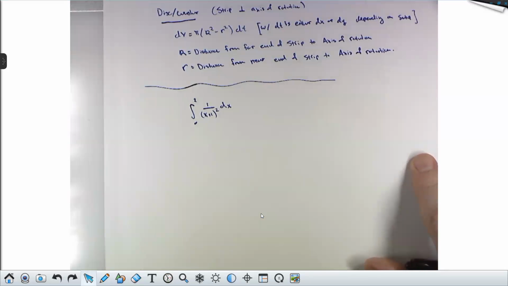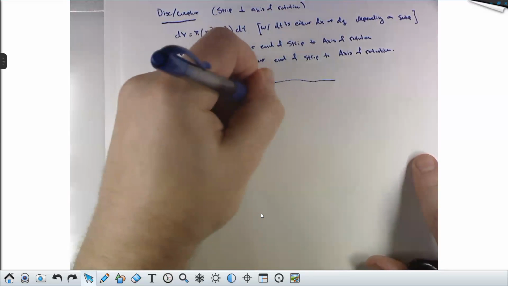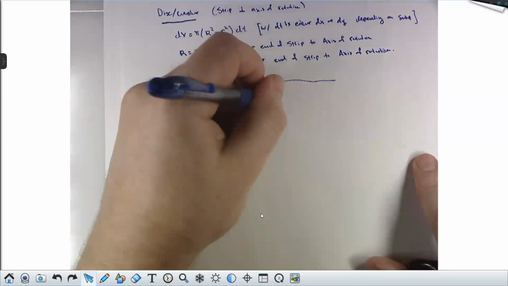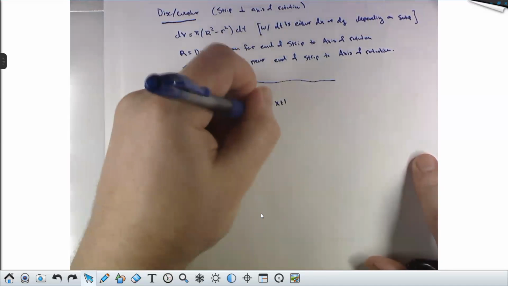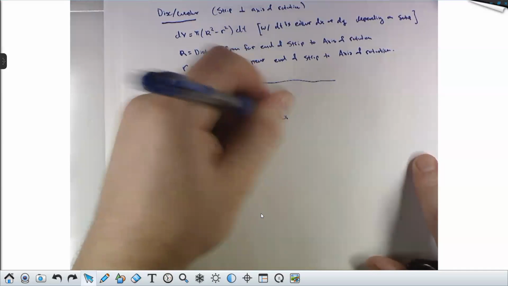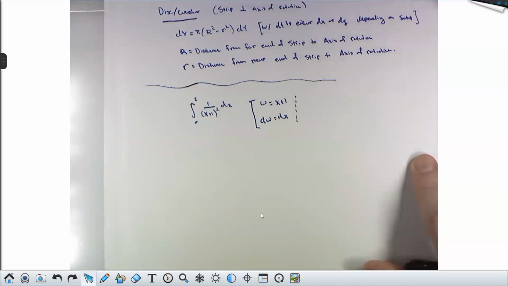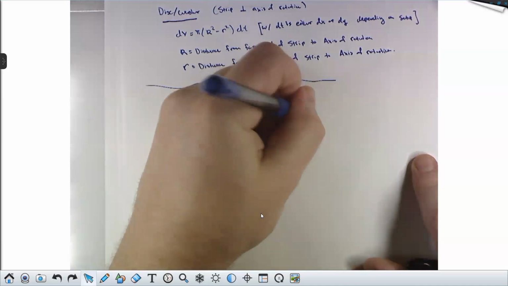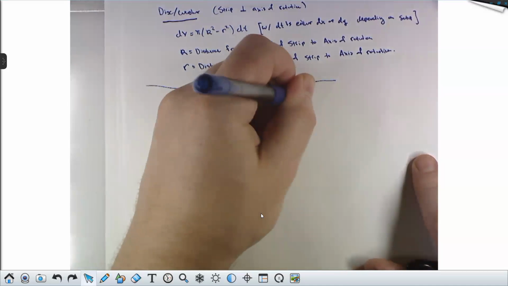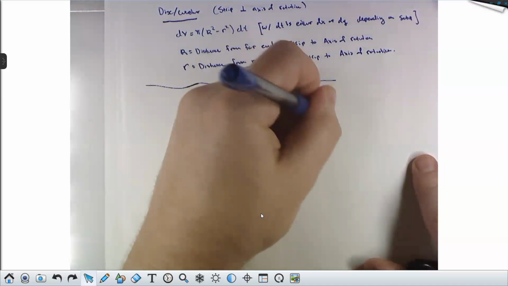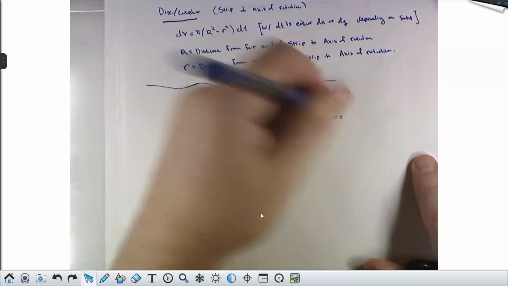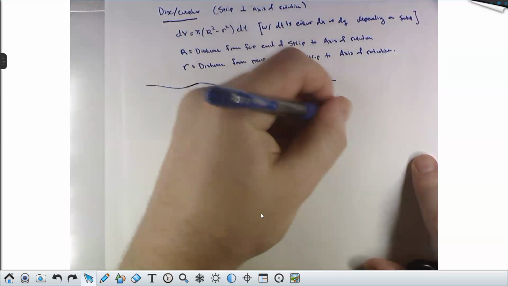If I wanted to do this carefully, I'm actually going to write out the substitution where I plug everything in, then I do need to change the bounds. So my old bounds were X equals 0 and X equals 2. When X is 0, W is 1.